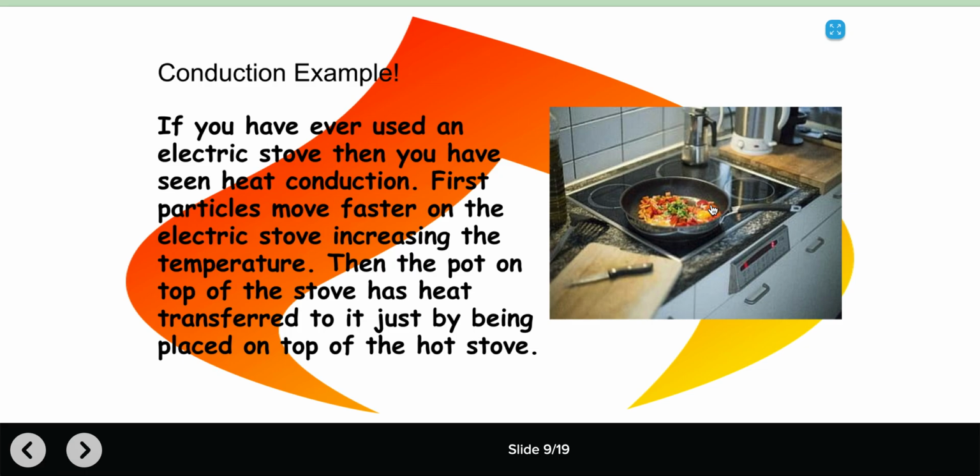Okay? So for the example of conduction, if you have an electric stove at home, there are two different kinds of electric stoves. There's one that might look like a metal coil, kind of poking out. That's an older model. Still works fine. And the newer models are called glass top conduction stoves.